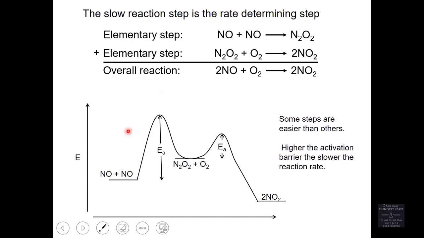But once you climb to that transition state, you slide down into this trough, and hang out for not long, because it doesn't take much energy at all to climb that hill and then go down to the other side. So it takes a long time to climb this barrier, but a lot less time to climb that barrier. So that second step is the fast step, while the first step is the slow one. I'm not saying anything about exactly how fast or slow so far, but comparatively, the first step is slower than the second one because the first hump is taller than the second one.